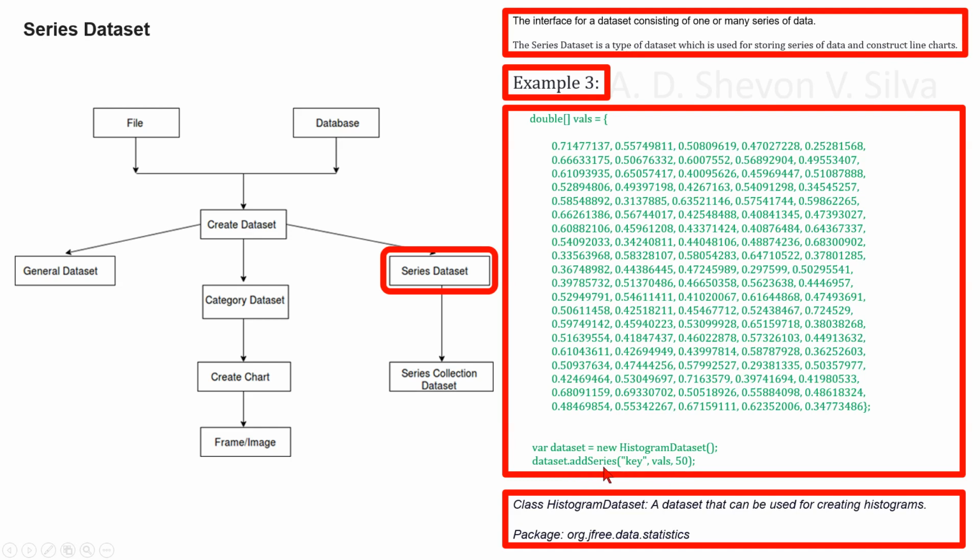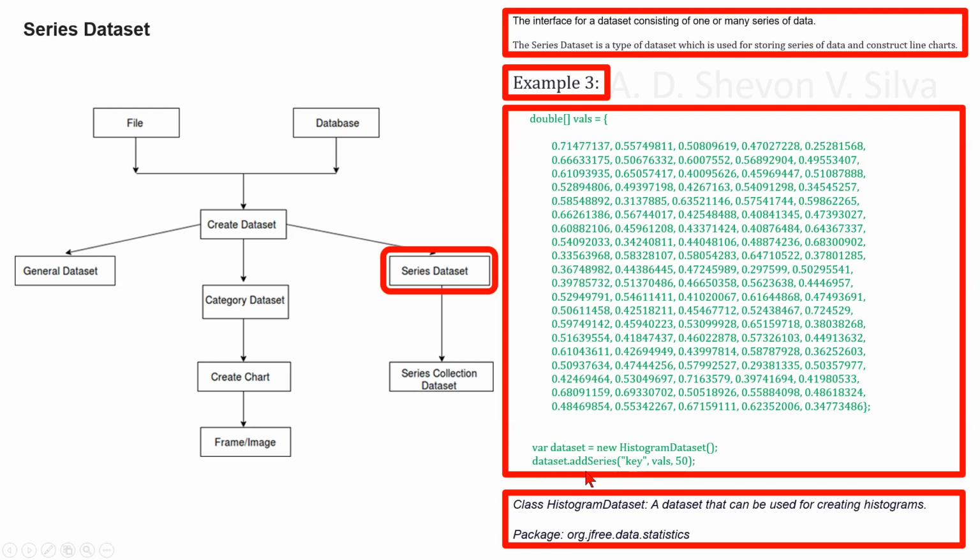This addSeries method adds a series to the dataset using the specified number of bins and sends a DatasetChangeEvent to all registered listeners.